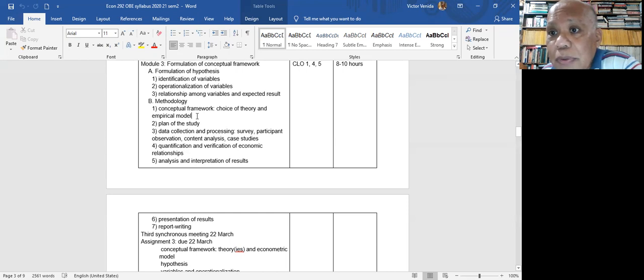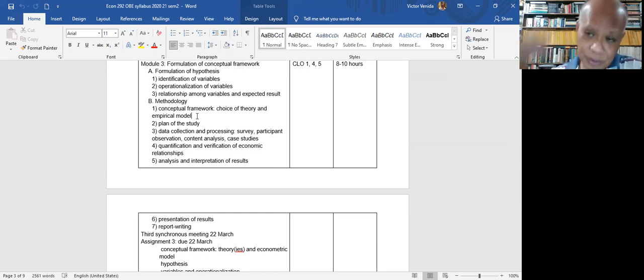So for example, when you're talking about, say, factors about the increase or decrease in poverty, you would have decided to use the econometric model that was developed in the United States of America, and one of the independent variables explaining poverty there would be race.